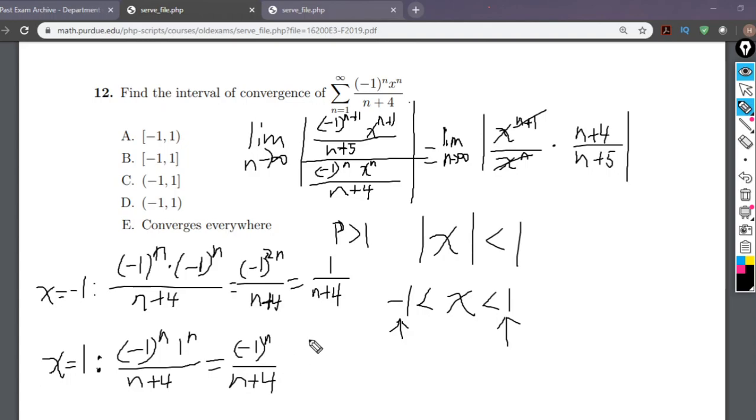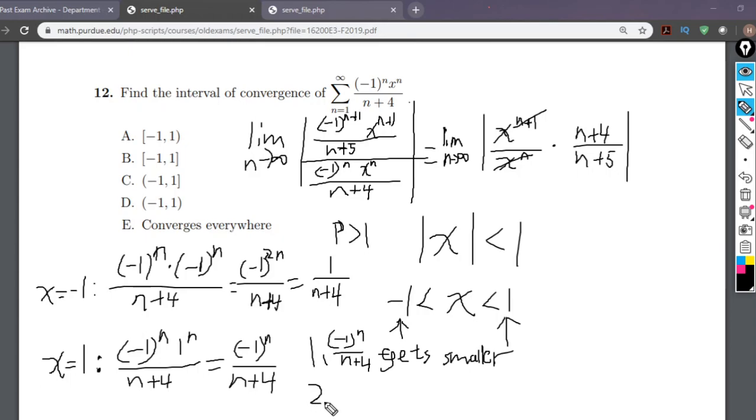So with the two conditions, one, this is always decreasing, which is true because n is in the denominator, so it gets smaller as n gets bigger.